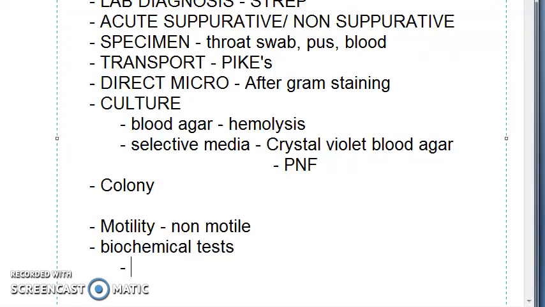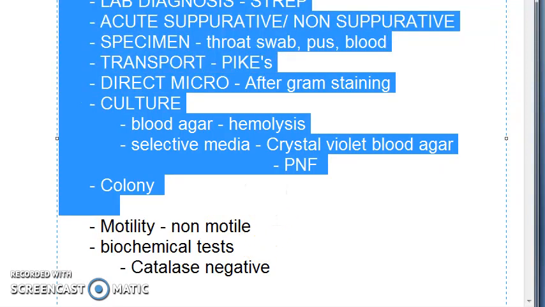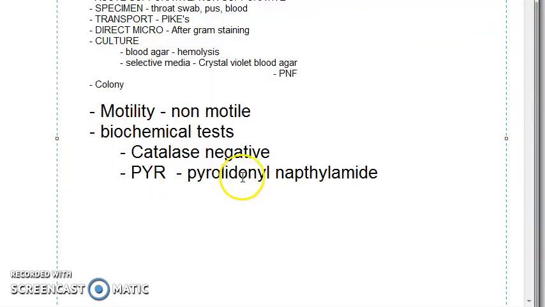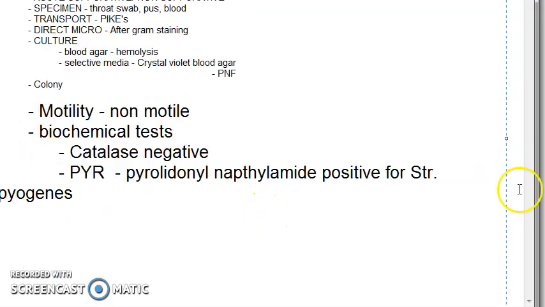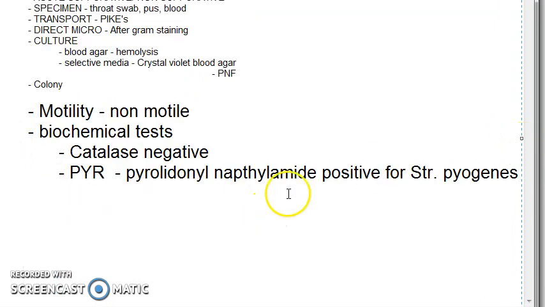You saw that it is catalase negative. What else did you see, guys? PYR, that is pyrrolidonyl naphthalamide, is going to be positive for Strep pyogenes, correct?